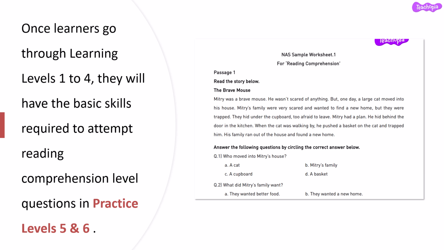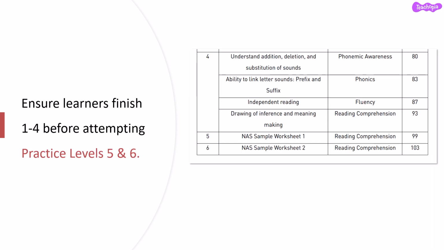Once learners go through learning levels 1 to 4, they will have the basic skills required to attempt practice levels 5 and 6, as they will have acquired the necessary skills to tackle the sample worksheets after this. Therefore, ensure learners complete the first 4 learning levels before attempting this level.